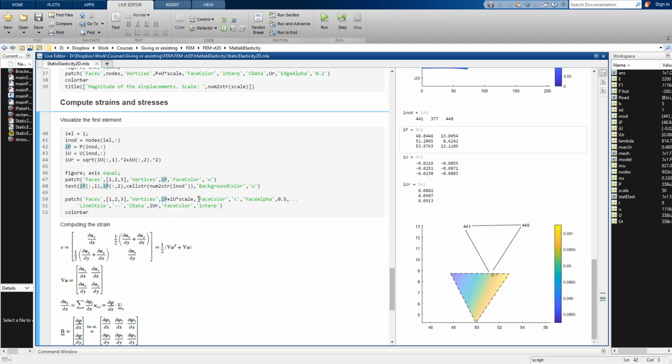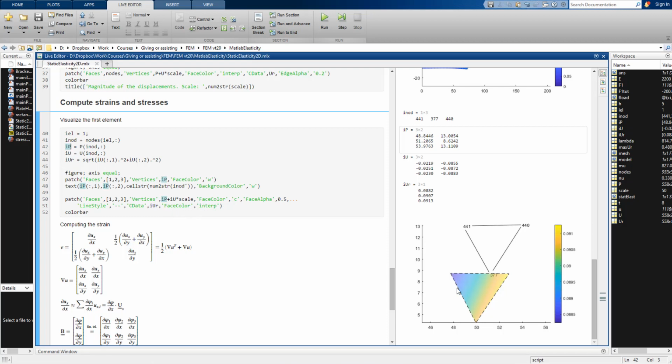I'm setting the face color to cyan, the face alpha to 0.5, but then also I'm changing the line style to get the dashed line style like this, and then I'm setting the color data to IUR because I want this to be interpolated, so face color interpolated.